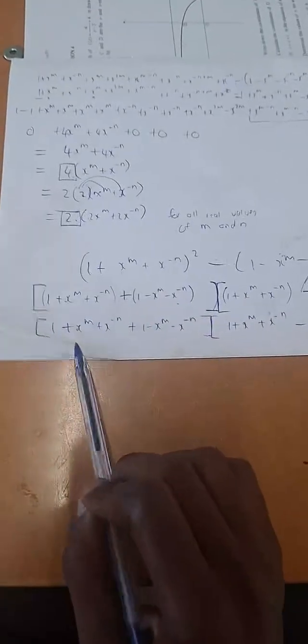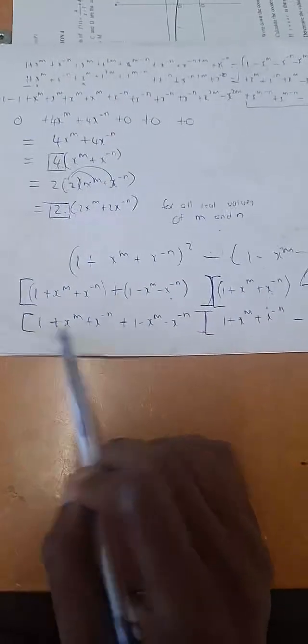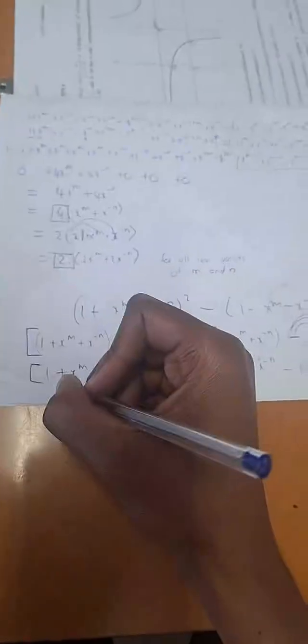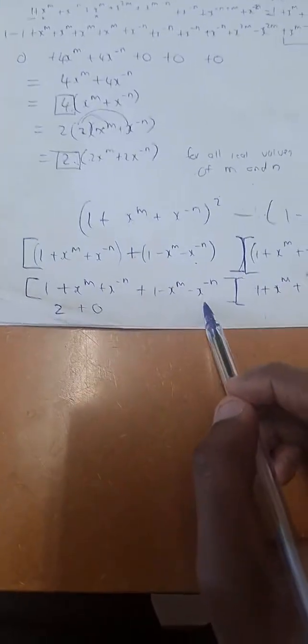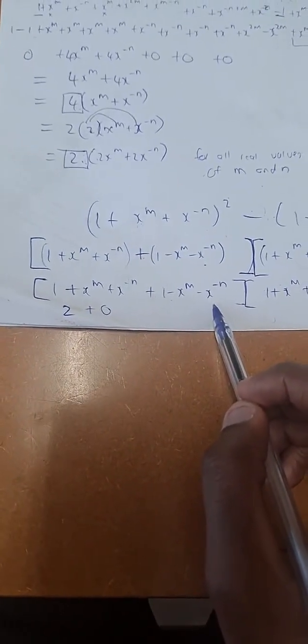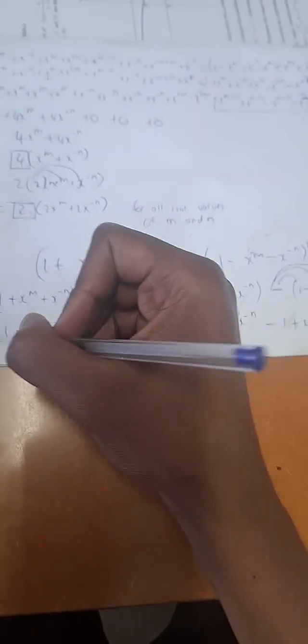Then you can add your like terms. Let's check. 1 plus 1 is 2. x to the power m minus x to the power m is 0. x to the power negative n minus x to the power negative n is also 0. This is my first bracket.